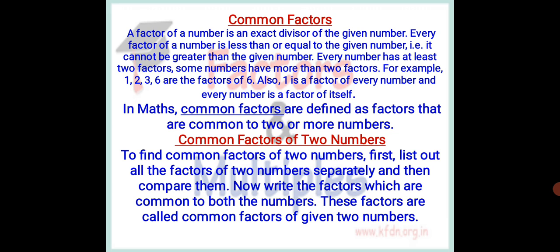So in gist, a factor of a number is an exact divisor of the given number. Again, I am repeating for you. A factor of a number is an exact divisor of the given number.